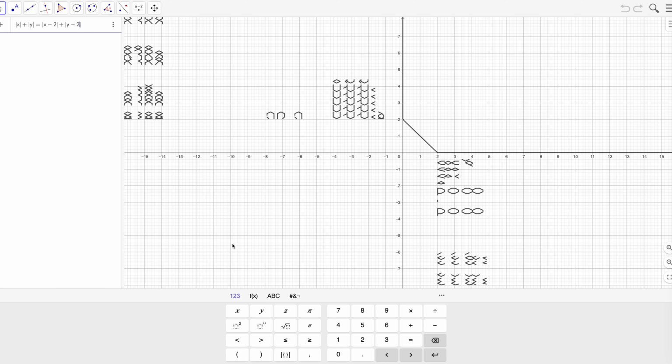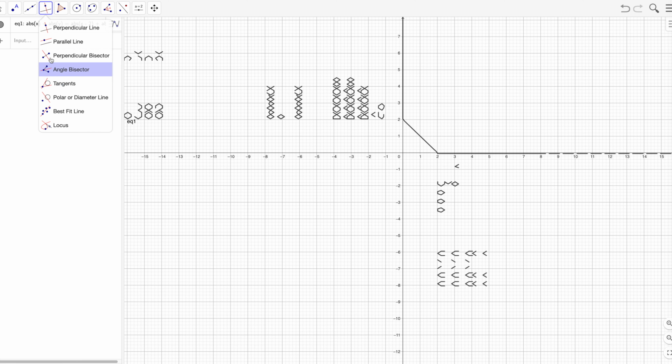I can understand the problem of GeoGebra in visualizing this. So just have this in mind, because the real answer is actually this part of this. So if I want to show it for you, the real graph will be something like this.